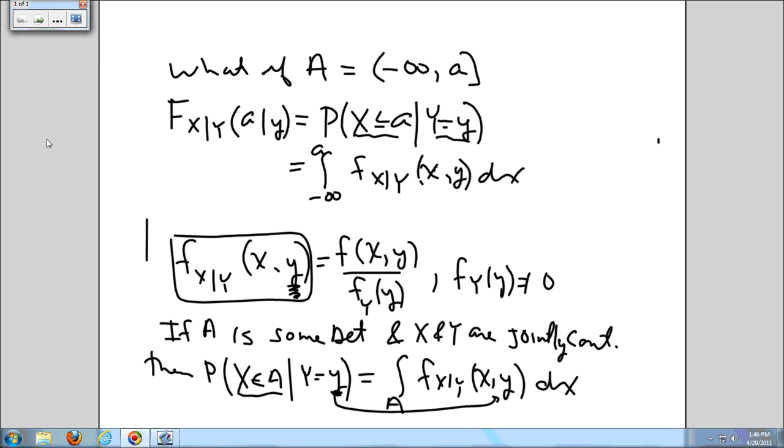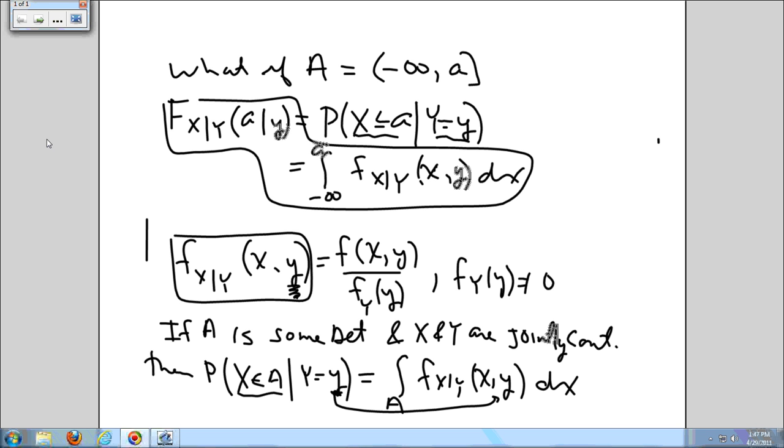And that would be the definition of the cumulative function of x given y. All we know is that y is constant and x is not.